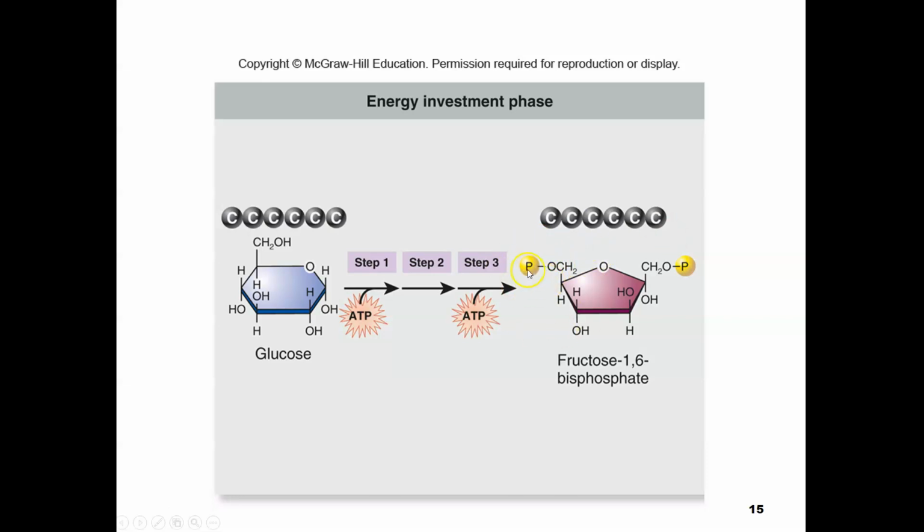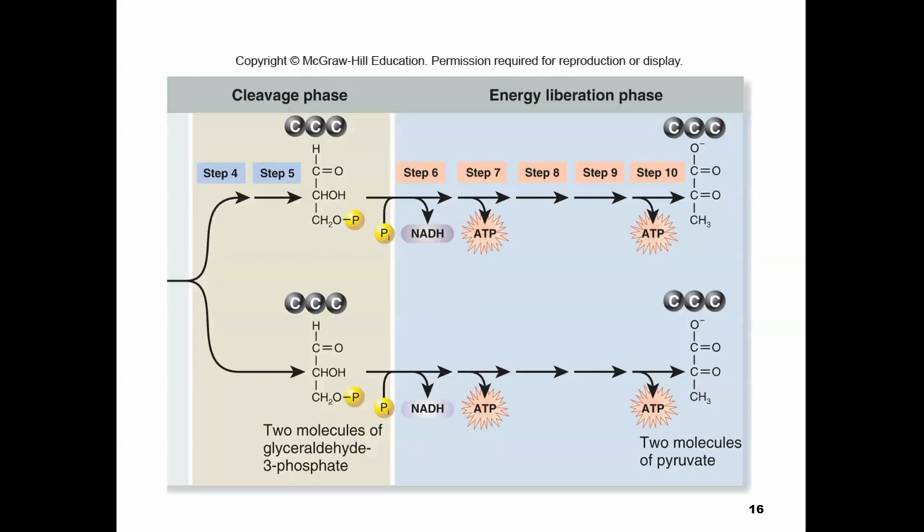So now we end up with something called fructose 1,6, because they're coming off of the 1 carbon and the 6 carbon, bis, which just means 2 phosphates. So we've now added 2 phosphate groups from 2 ATP molecules. So at this point, we have not generated ATP. This has cost us 2 ATP. So this so far is energetically unfavorable.